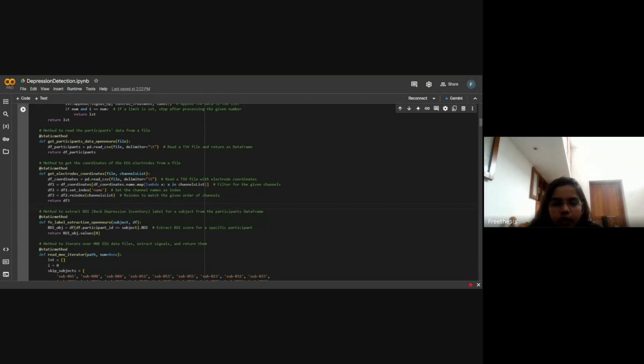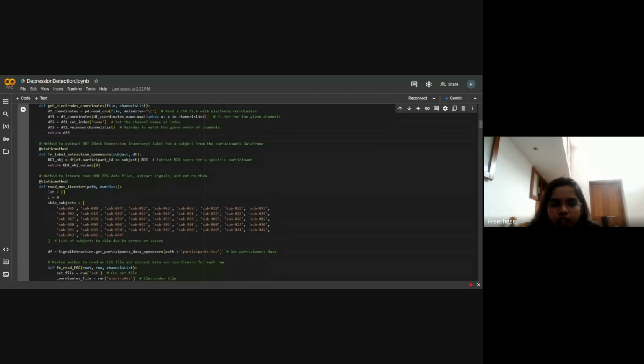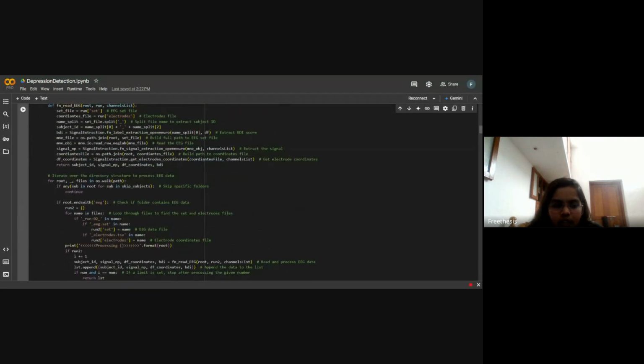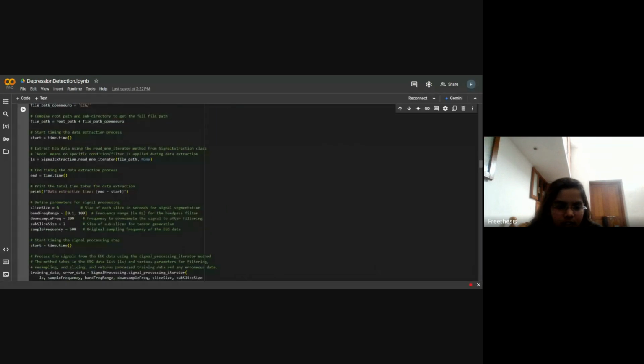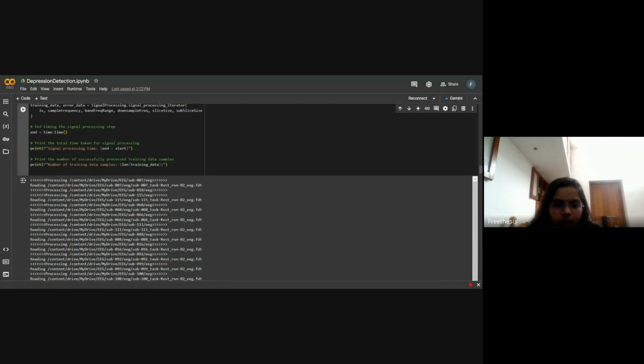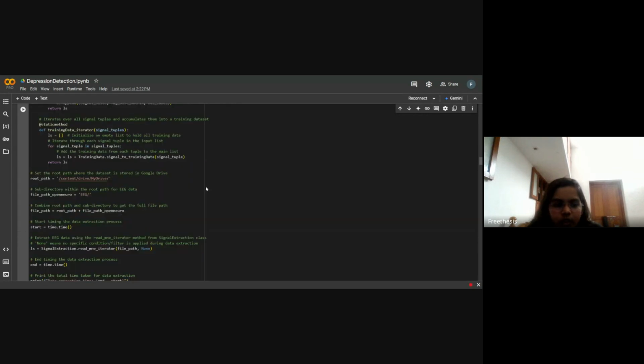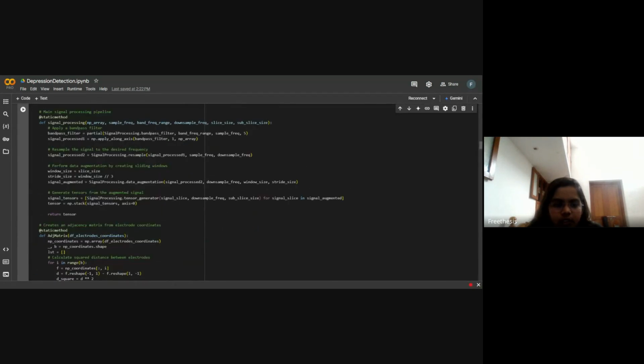For that, we'll be getting the electrode coordinates from the TSV file. There is an electrode.tsv file which has the XYZ coordinates of the electrodes. We'll be extracting that also. And then we'll be extracting the labels, electrodes and signal, and that process will be given in the output of this code.